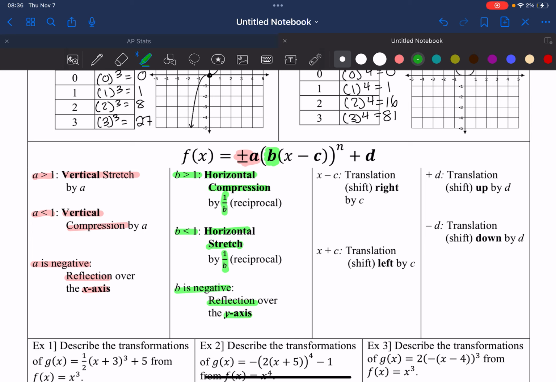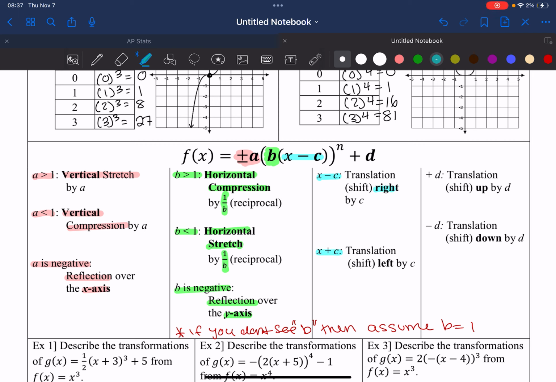Okay. Note here that if we don't see a B value in our equation, we assume B is 1. Okay, so if you don't see B, then assume B equals 1. Okay, then we have our C value. So I'm going to go ahead and highlight this whole expression, x minus C. So if we have x minus C, this is telling us that we are going right.